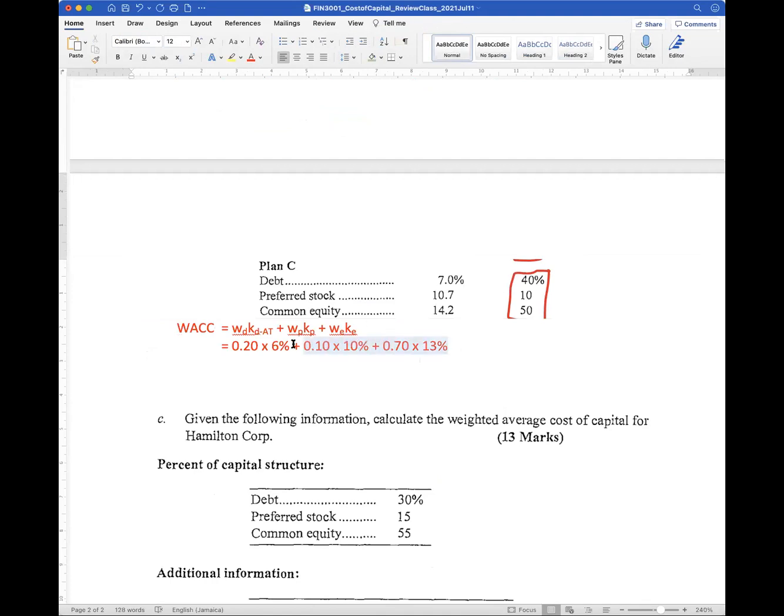All right, so the formula again. Now we're on to plan C. So I have 0.40 times 7%, plus 0.10 times 10.7%, plus 0.50 times 14.2%.